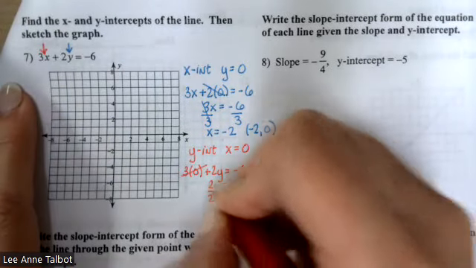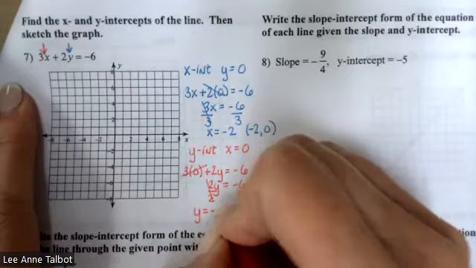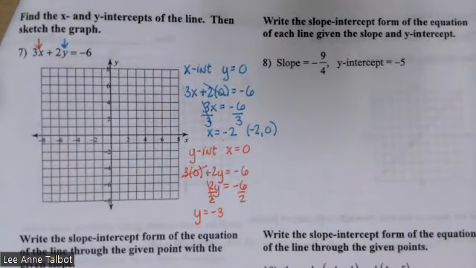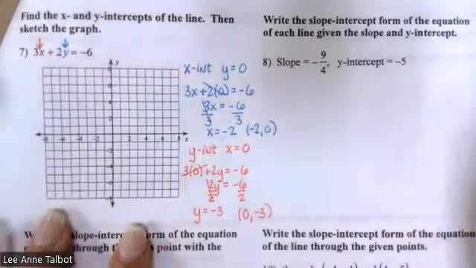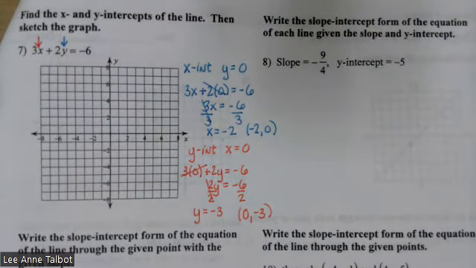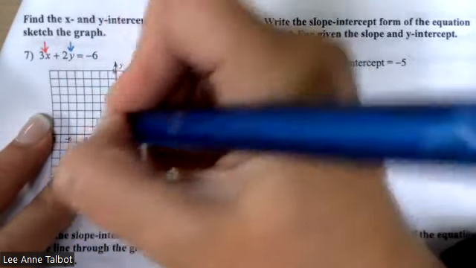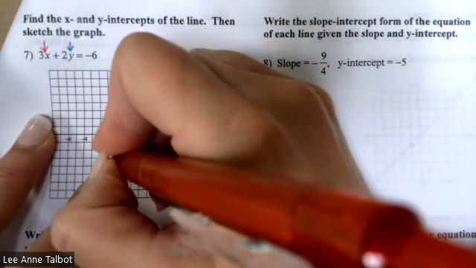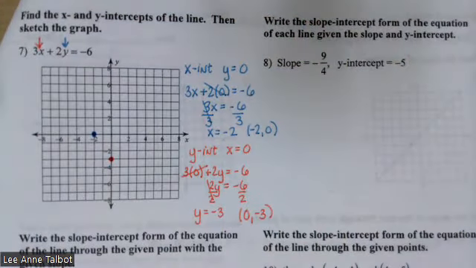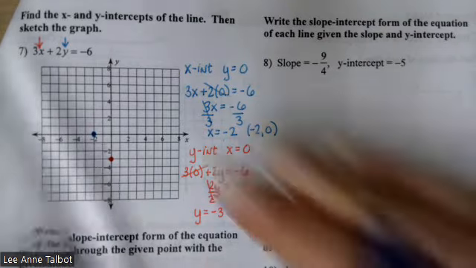Divide by 2. Y equals -3. What's the coordinate for this one? For the y-intercept? Yep, 0, -3. Okay, so -2, 0 is here. 0, -3 is here. And then ruler time.